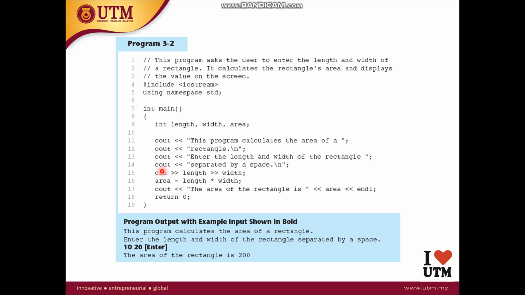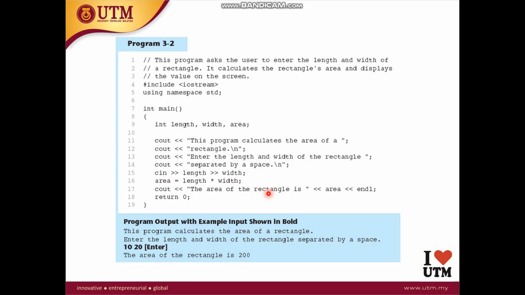So this one is called a prompt, in order to let the user know which data to be entered. And then the user enters those data separated by space, and then area equals the length multiplied by width, and then we are showing the result.